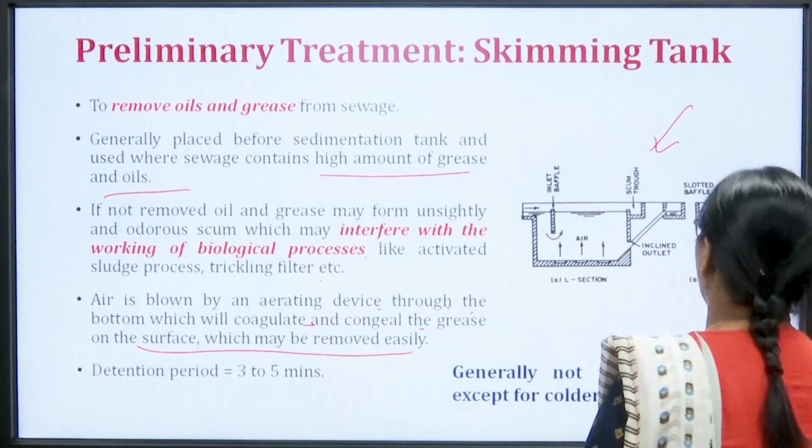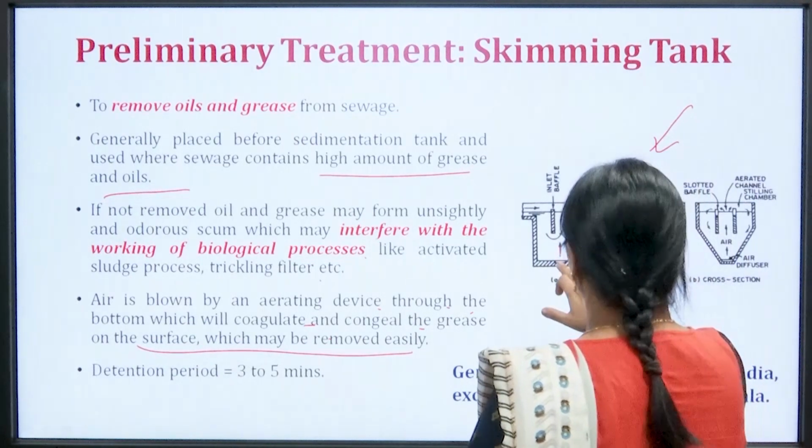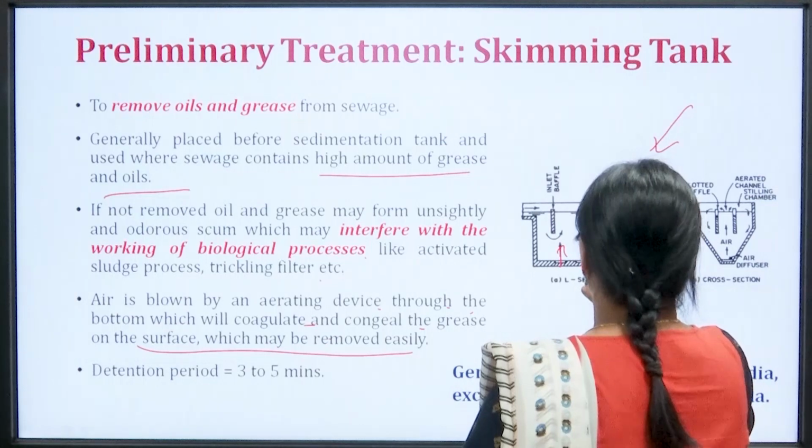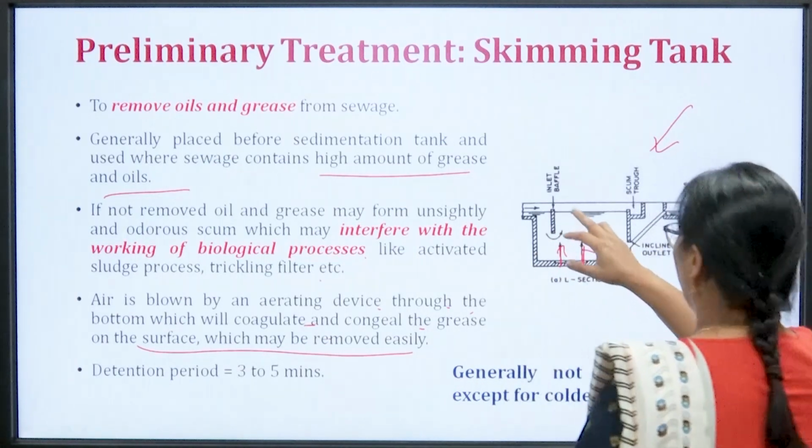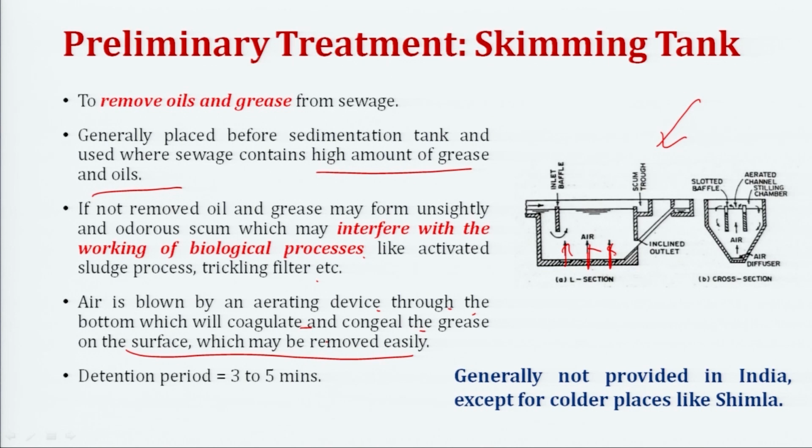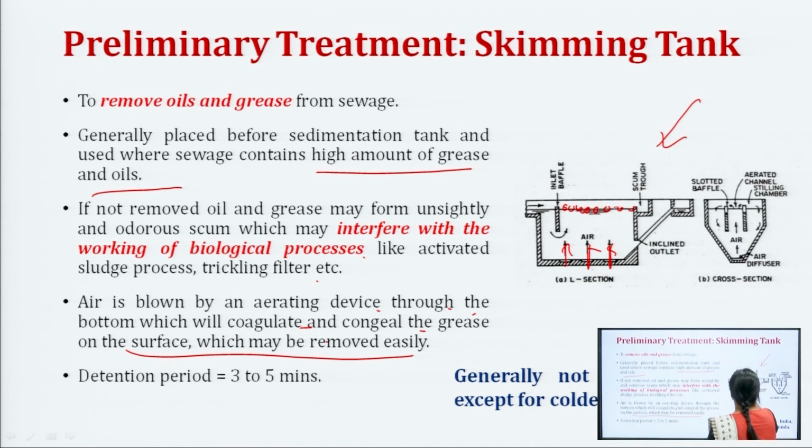So, in a skimming tank you are blowing air from the bottom, mixing everything, and all the oil and grease goes to the top. Then this can be coagulated and taken out through the scum trough. That is what a skimming tank is used for.